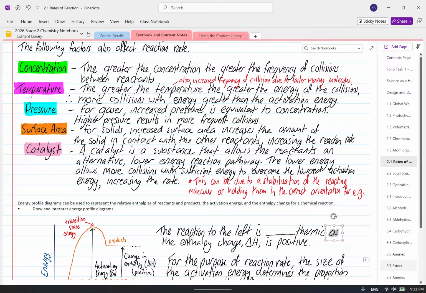Now, there's a few ways that can actually happen. I'll just give you a couple. A catalyst can make it so that the process that has to happen when a reaction occurs doesn't require as much energy. So let's say if we go back up to this example here, this bond has to break.